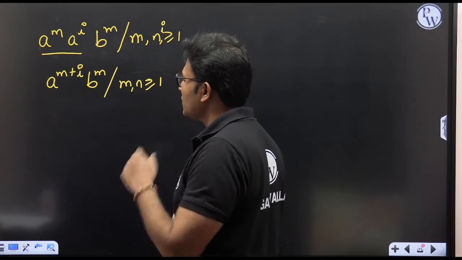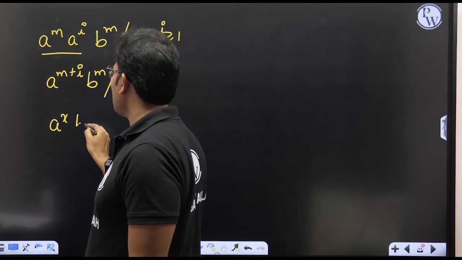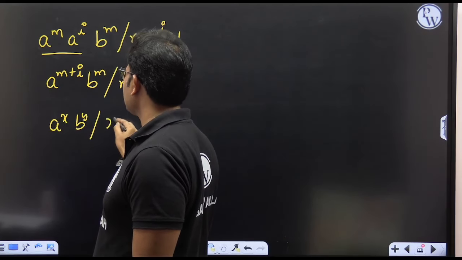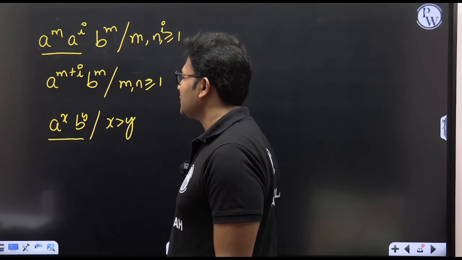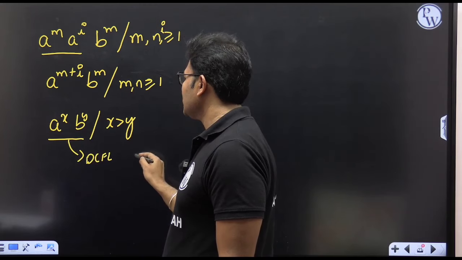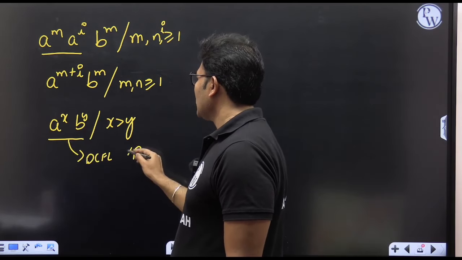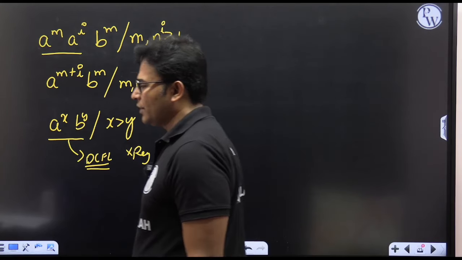Now if you observe it, I can rewrite this as a^x b^y such that x > y, and we have done this already. This is a deterministic context-free language. This is definitely not regular, but this is a deterministic context-free language.